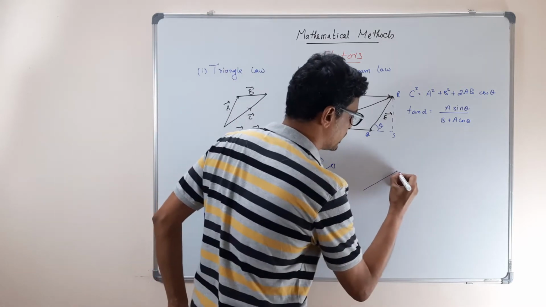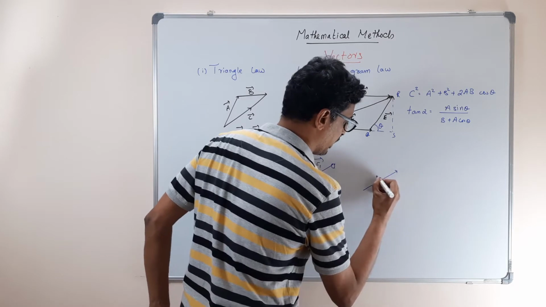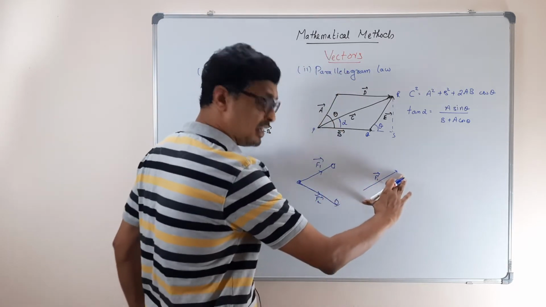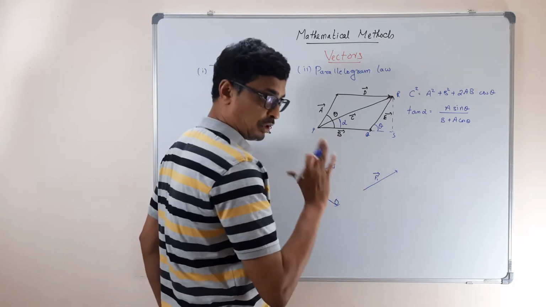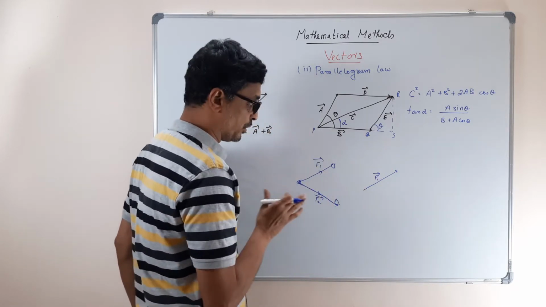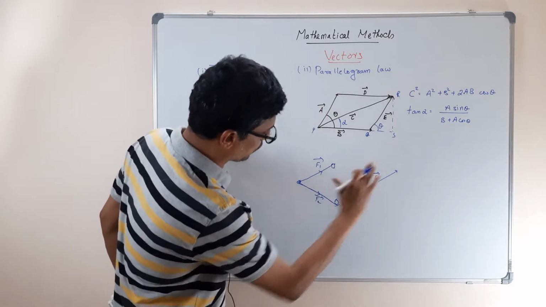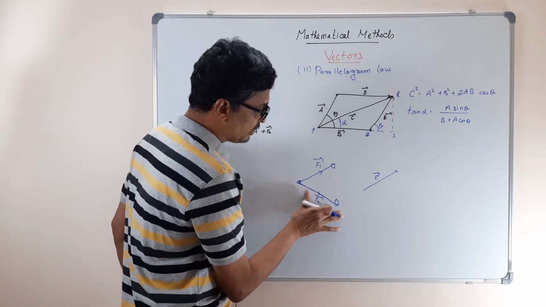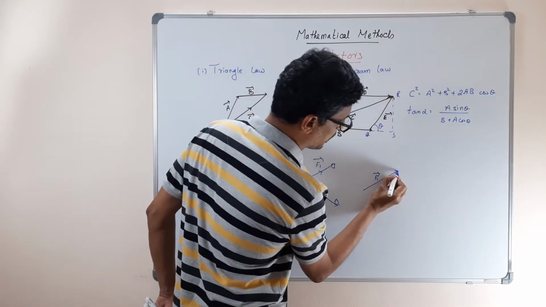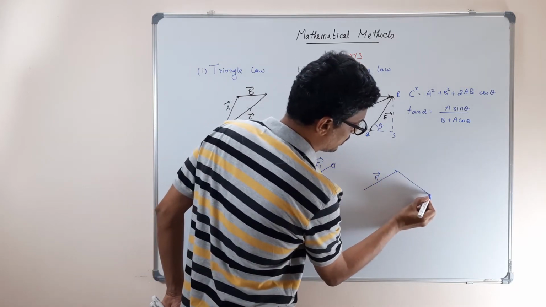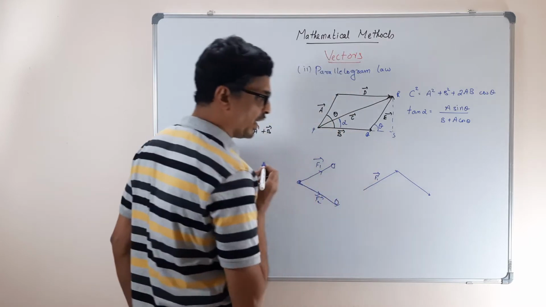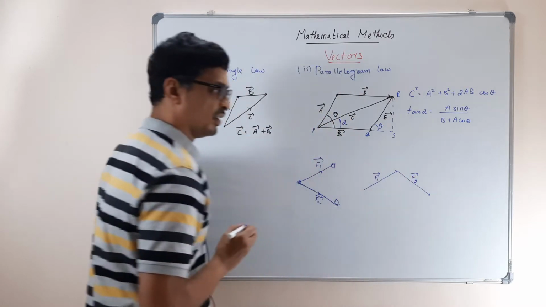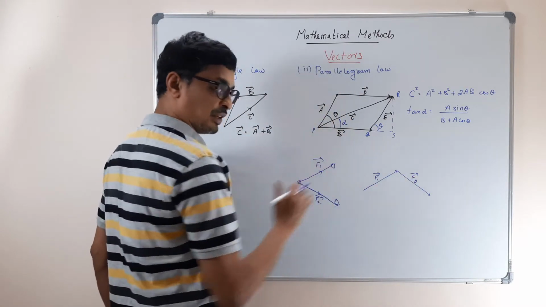Let this represent your F1 in terms of direction as well as magnitude. Always remember direction as well as magnitude. Now this is something parallel to it. I wanted to make an equal vector of this. So I will draw from here. So this will be F2, with its direction as well as magnitude.